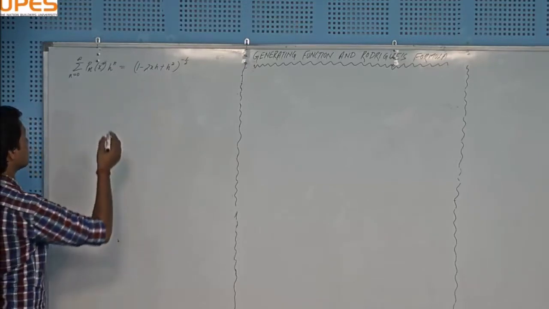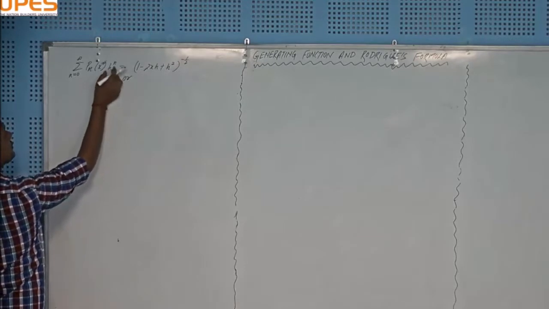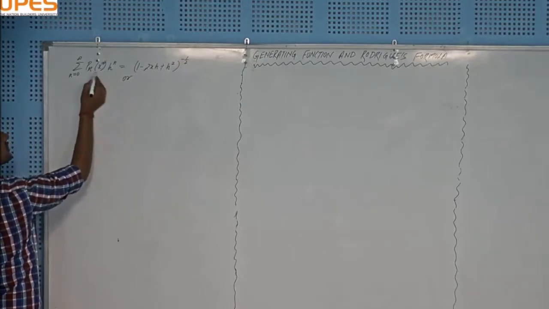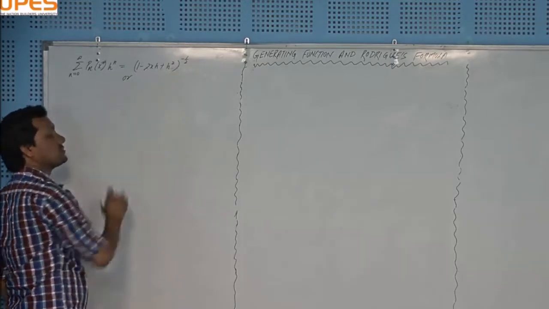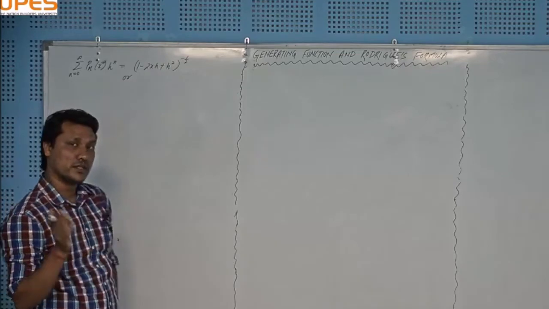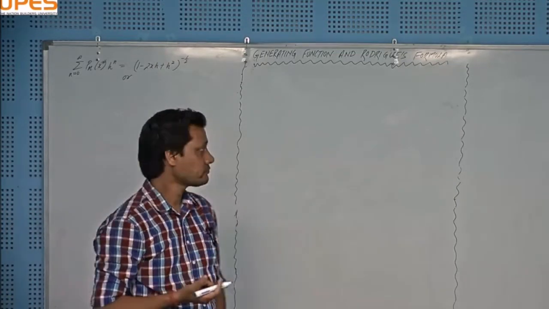Or we can say that if we equate the coefficient of h to the power n, the coefficient of h to the power n is this much, P_n(x), right? And when that is equated to the coefficient of h to the power n in this expansion, then we get the expression for P_n(x).